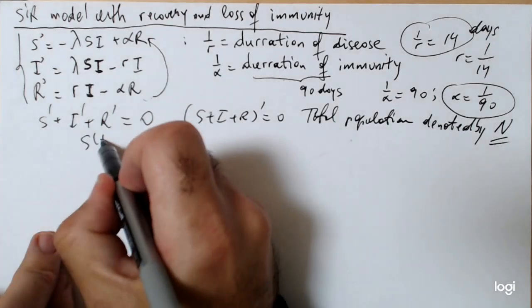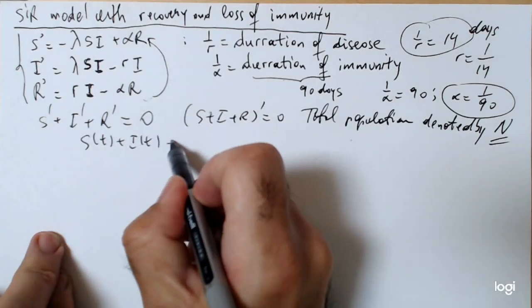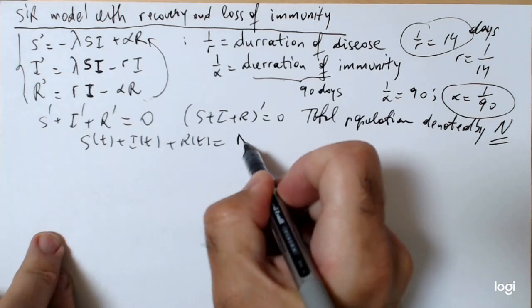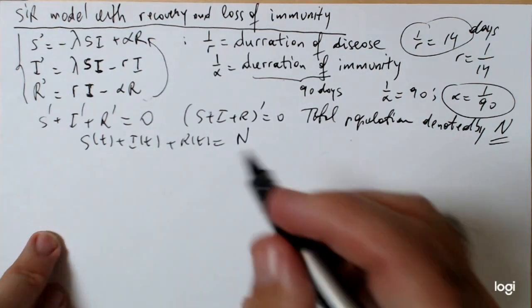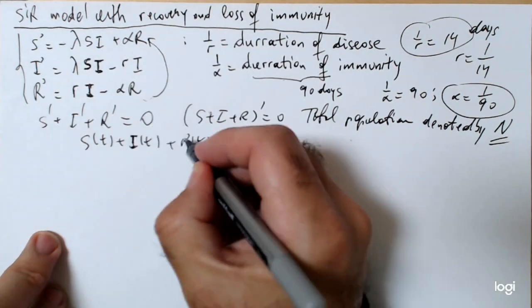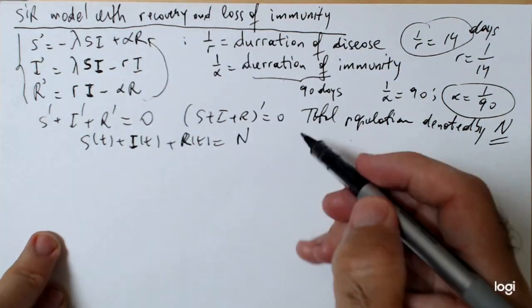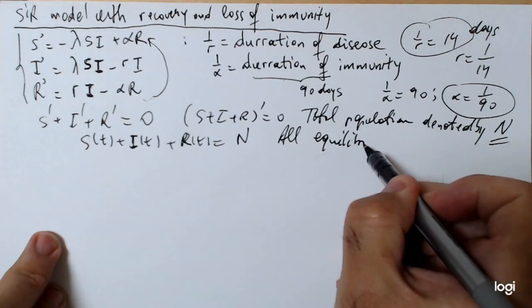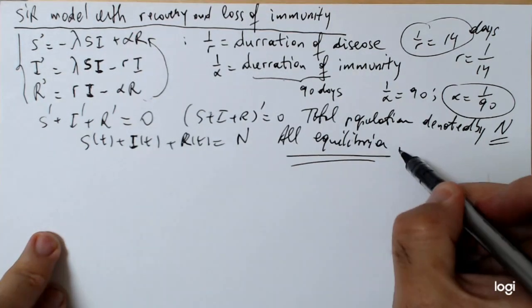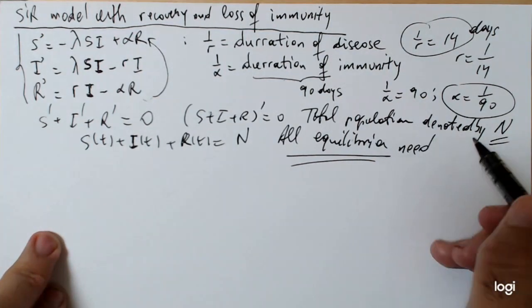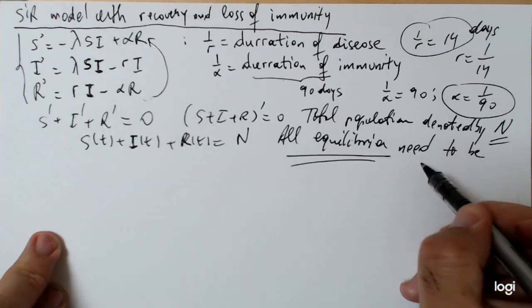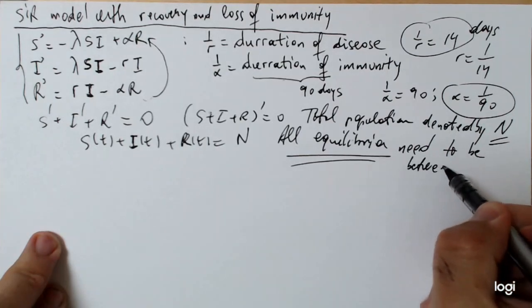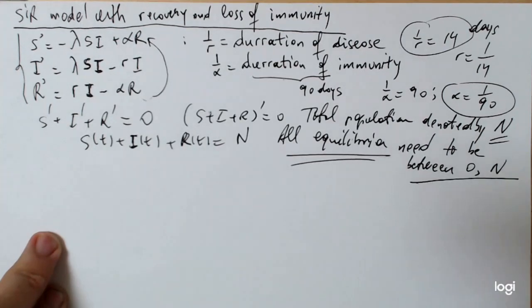So that means S of t plus I of t plus R of t equals N. Be careful that when you go over this process, from this point on, all equilibrium values need not just be positive. They need to be between 0 and N, right?